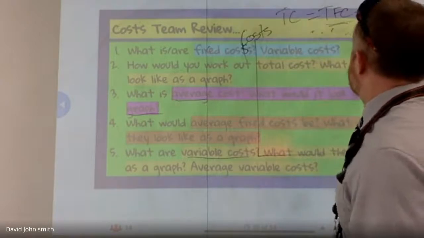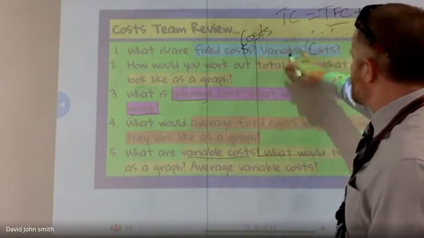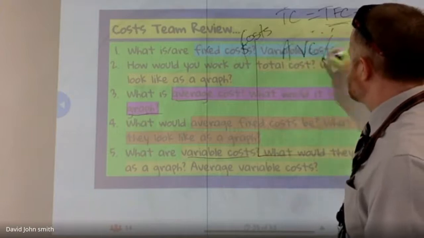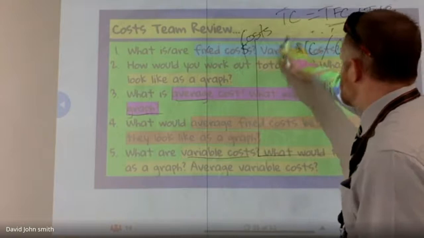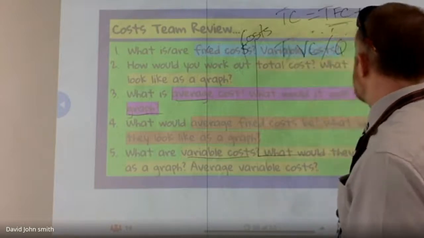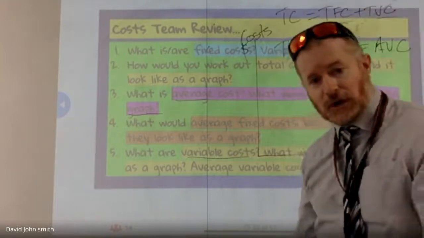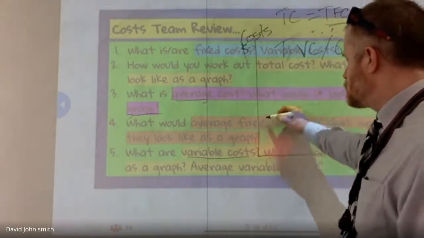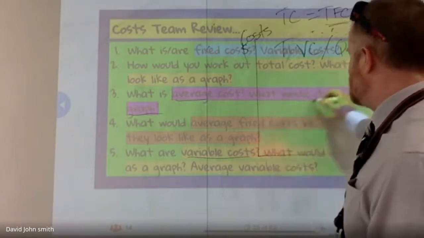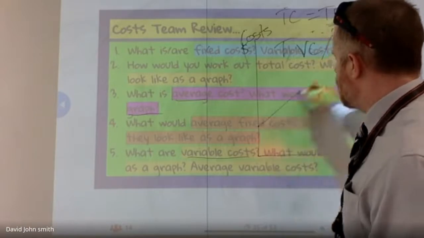Total variable cost divided by quantity is going to be your average variable cost. Same sort of idea. We worked out before that your total variable costs were going to be increasing. They were going to come from here and go up.